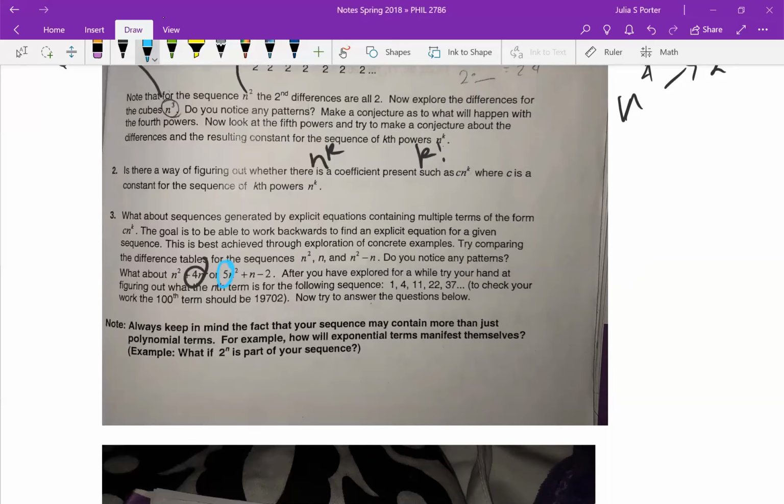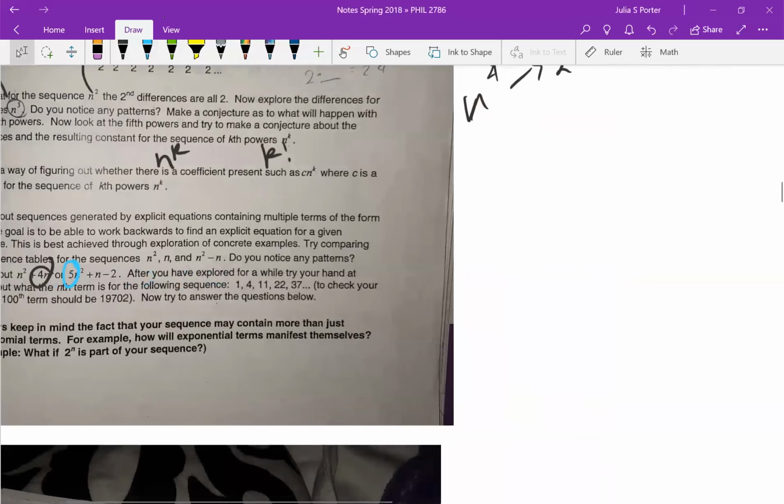And so through attending to precision and making sense of a problem, and MP8, looking for and expressing regularity and repeated reasoning, we were able to find the general form for the difference of a polynomial of c n to the k.